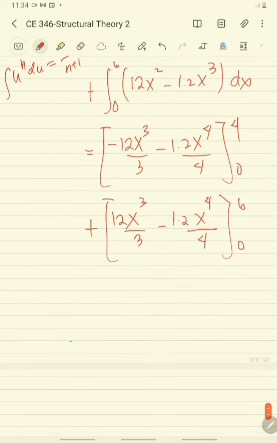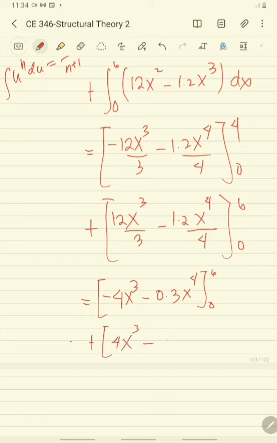So we can write again this one. This will be negative 4x cubed minus 0.3x to the 4th, from 0 to 4, plus 4x cubed minus 0.3x to the 4th, from 0 to 6.